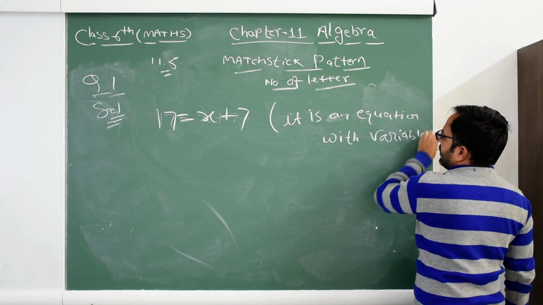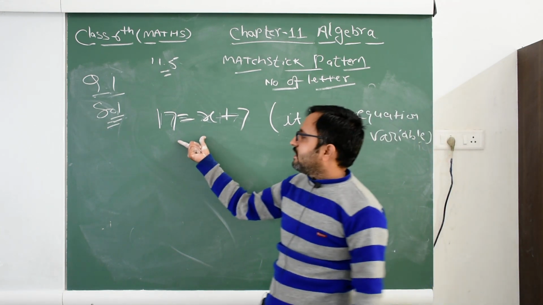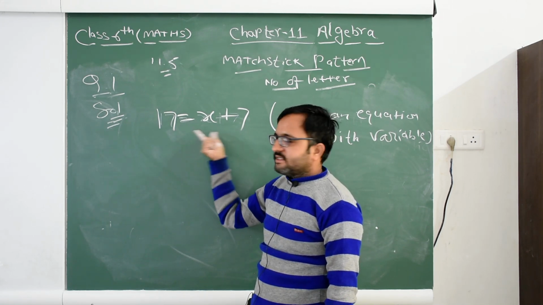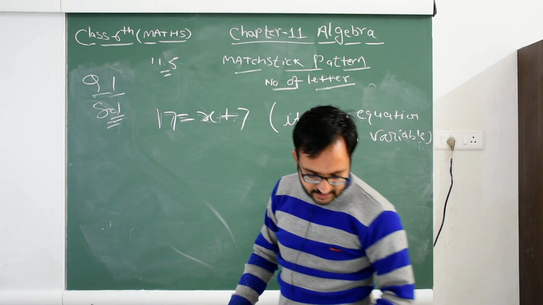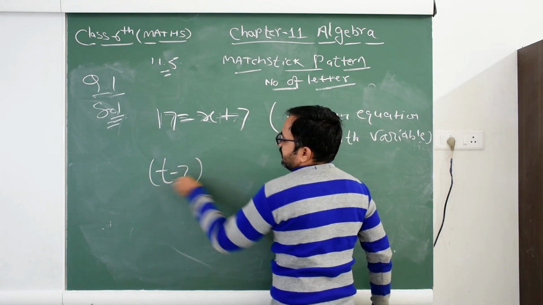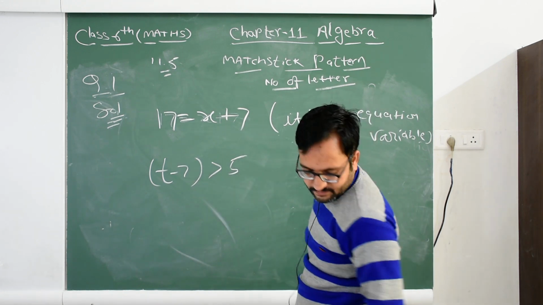Okay, so this is your variable because it has two sides, LHS and RHS, and one equal sign. Now t minus 7 greater than 5.